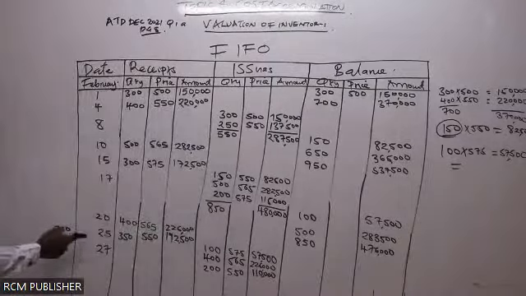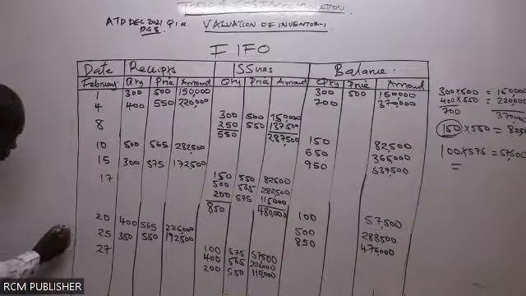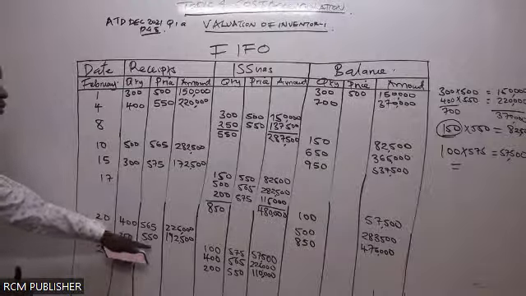It was 350, but I've taken away 200, so I'm remaining with 150, brought in at 550.